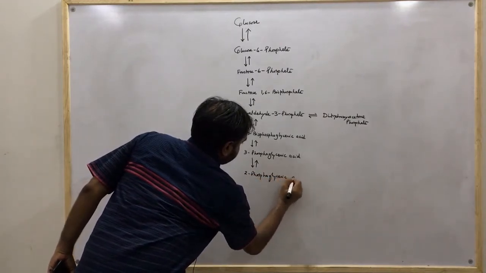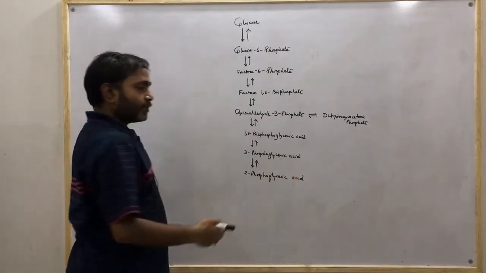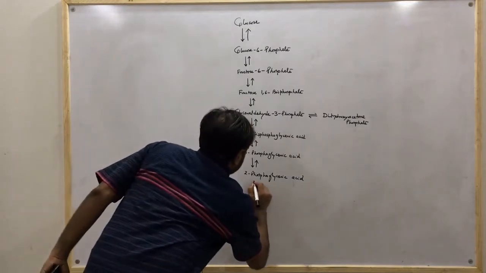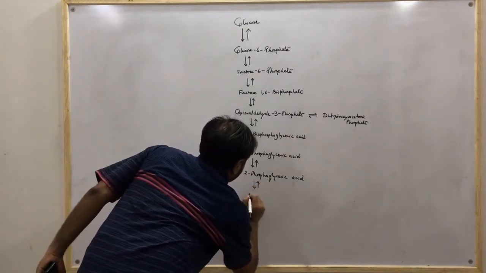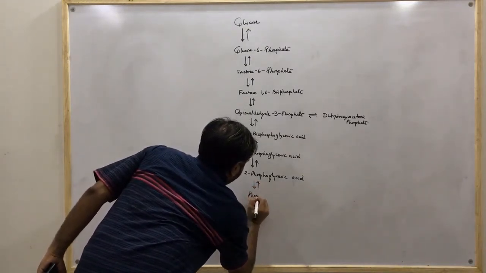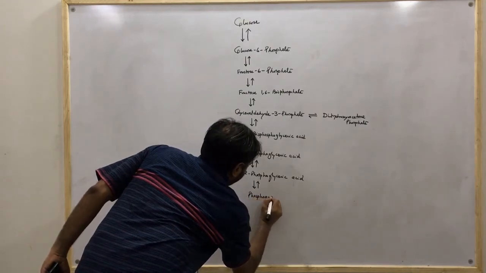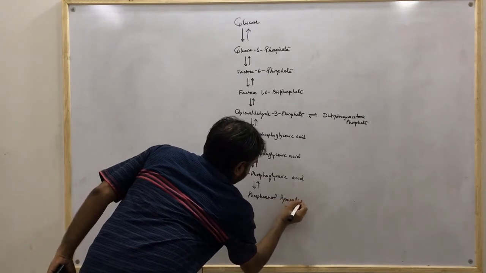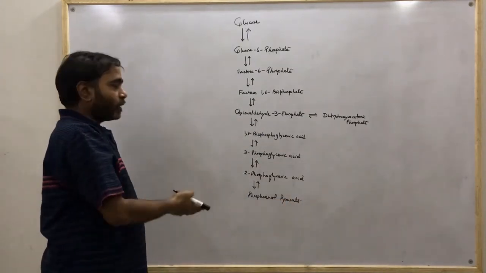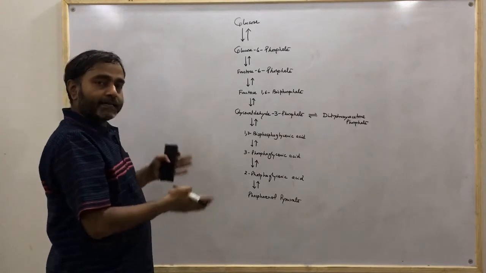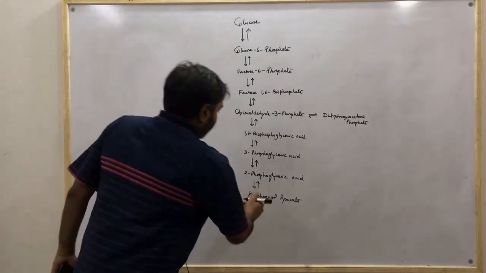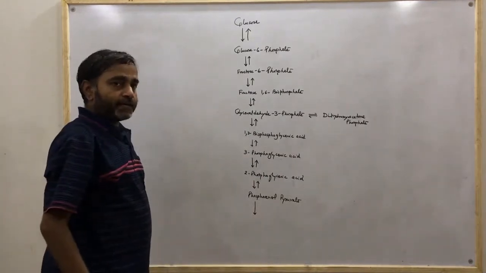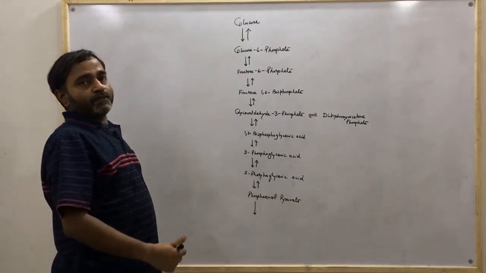And then after, what will be the next? Phosphoenol pyruvate. I already have described the structure of all these things, but I am writing the entire steps together. And what is the next one? After phosphoenol pyruvate, finally pyruvic acid will be formed.